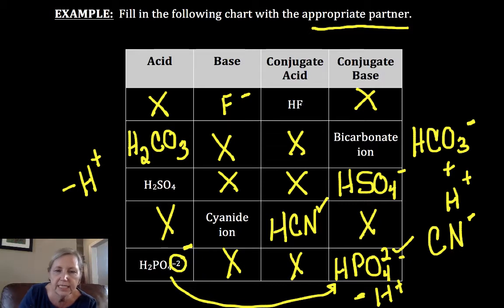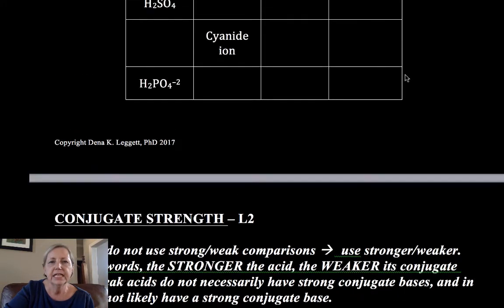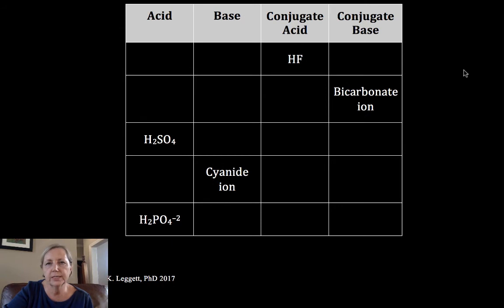That should be just -1. So that should be H2PO4 minus 1. Becomes HPO4 with 2 negatives. Okay, so that's another way, if you don't have a reaction, that you might be asked questions.